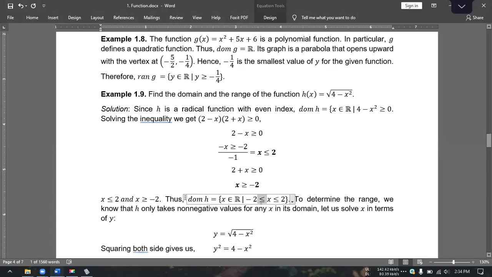That's why x is greater than -2. But this time, our inequality here is pointing kay x. Ibig sabihin, x now is the lesser value. So, x is less than or equal to 2. Okay. I hope nakuha yun. So, we're good with our domain.